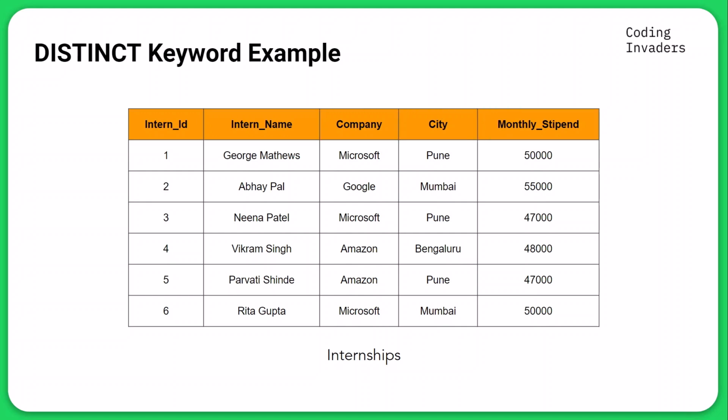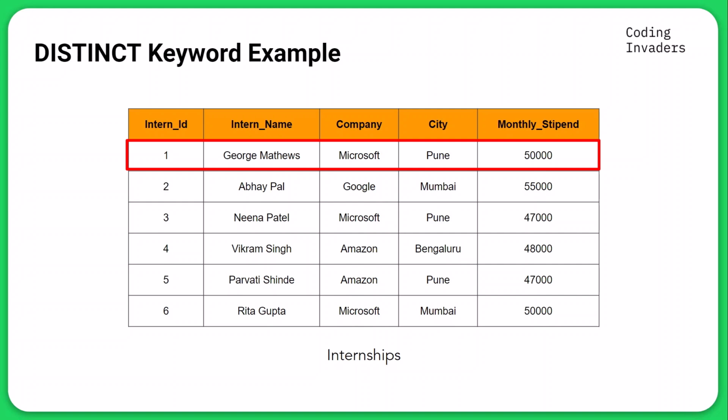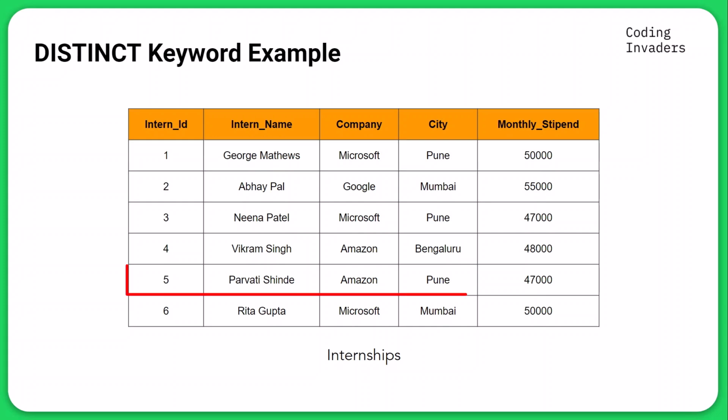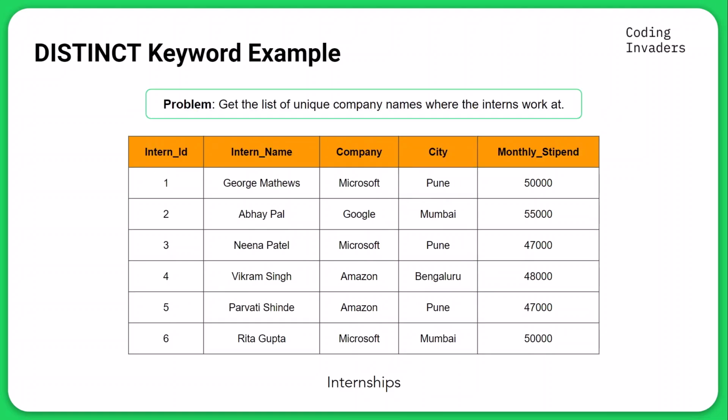Like intern ID 1, name is George Matthews, working in company Microsoft, city Pune, and stipend per month is 50,000. Similarly for intern ID 5, we have Parvati Shinde as the intern name, working for Amazon in Pune with a stipend of 47,000.